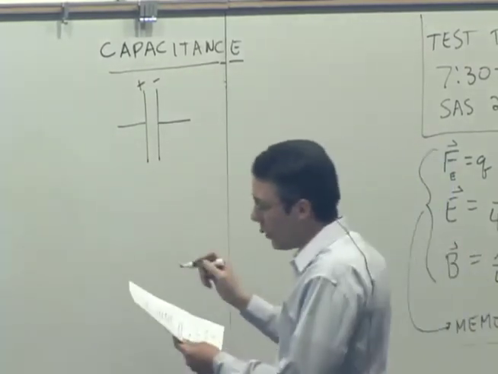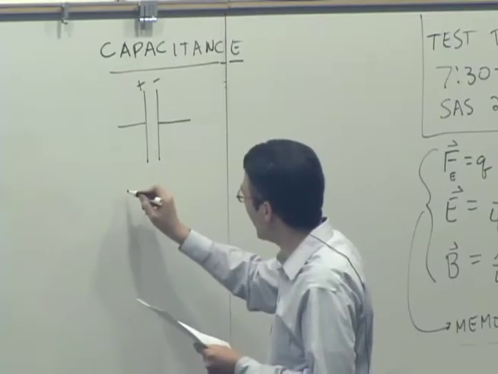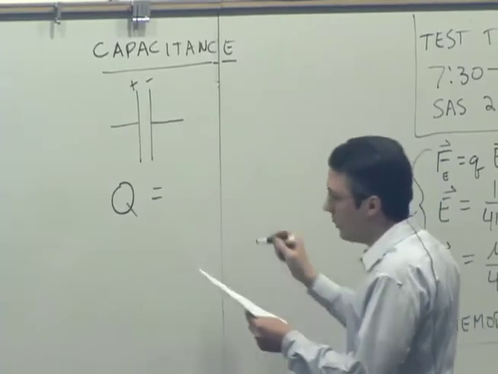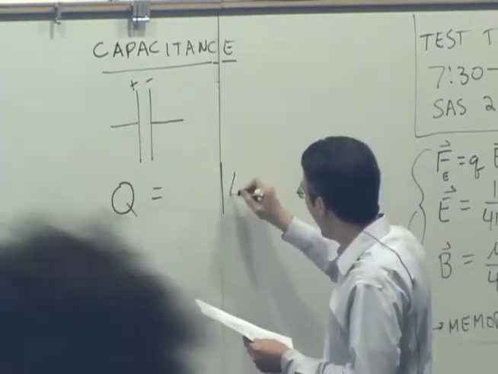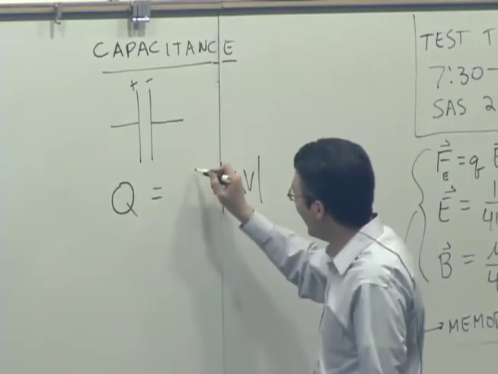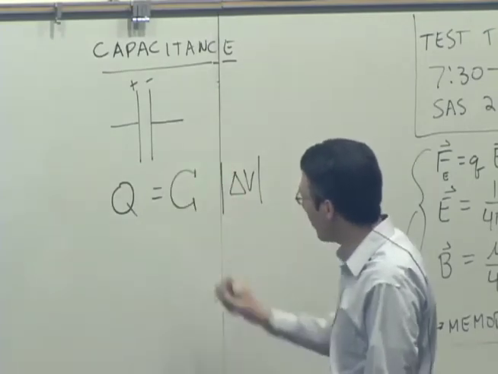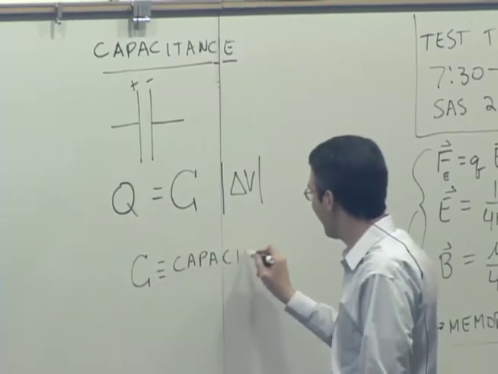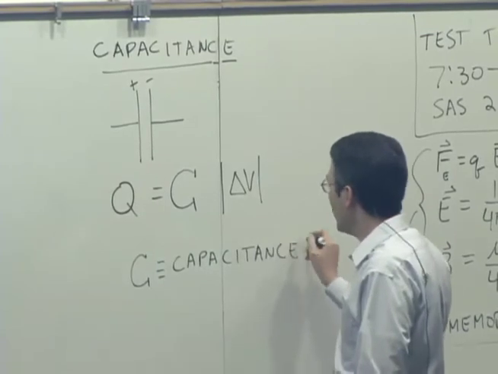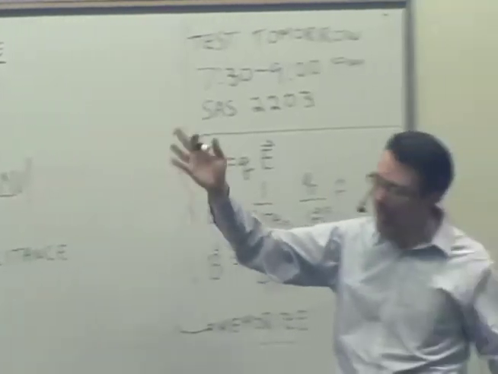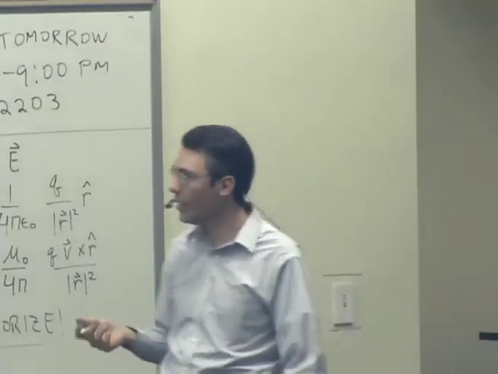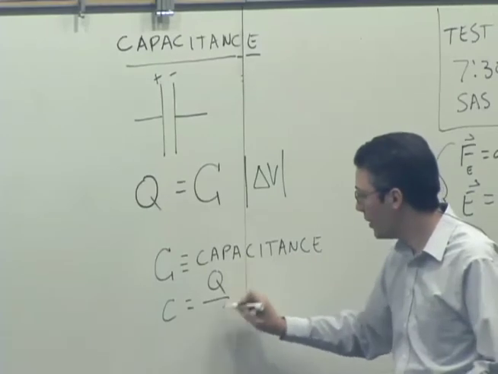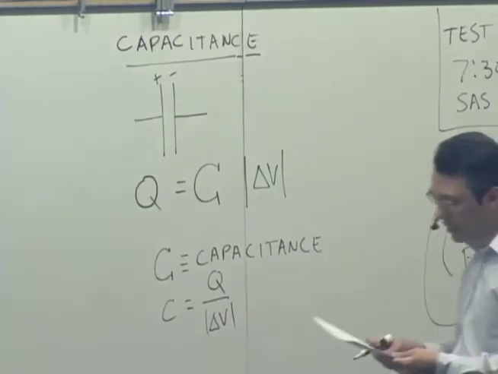The magnitude of the charge that can be stored on one of those plates, called Q, is proportional to the potential difference across the plates, delta V, and the constant of proportionality is called capital C, and capital C is the capacitance. So be careful, this doesn't mean coulombs now, this is some other quantity called capacitance, and by definition it is the charge divided by the potential difference.